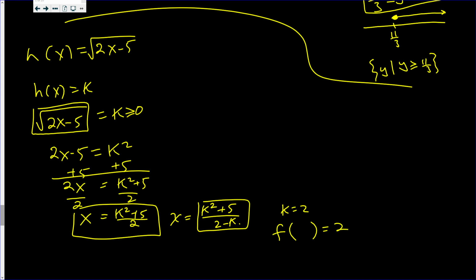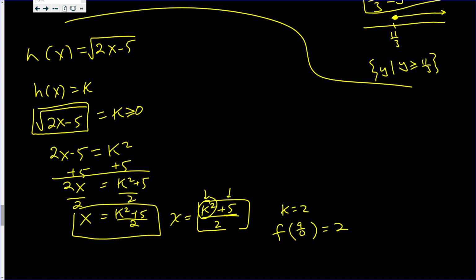Because if k is 2, we want to take f of something to get 2. But we would have to take 2 squared is 4 plus 5. We'd have to take f of 9 over 0. But you can't take f of undefined. But there is no problem here because the denominator is okay. I can square any number 0 and above.